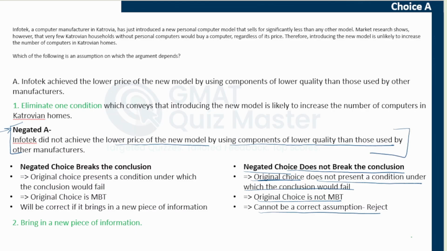Now, ruling out one possible way of achieving this lower price of the new PC does not break the conclusion. It does not impact the conclusion at all.